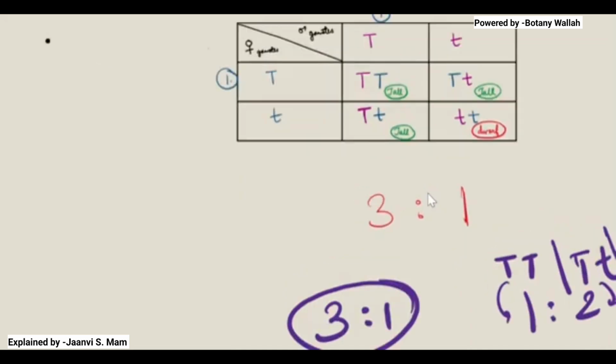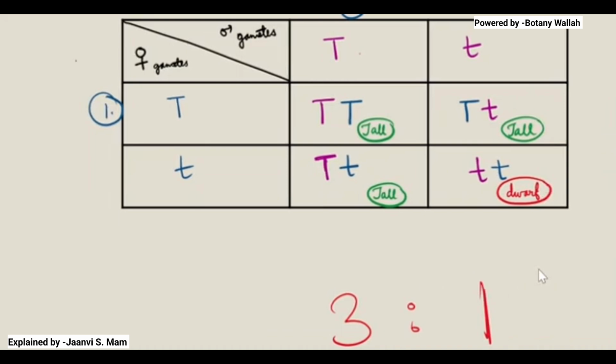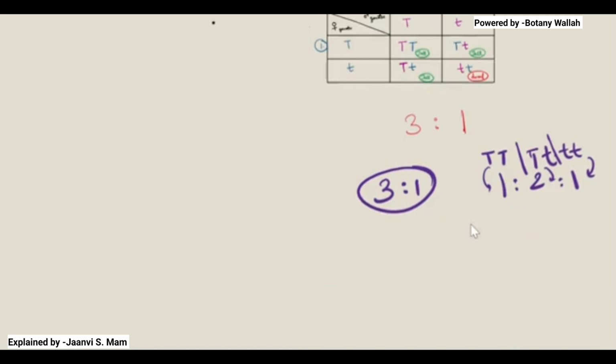So this is about Punnett square representation. You can show what the fusion is and what the possibilities are by showing this particular representation. I hope this topic of Punnett square is understandable to you. I have drawn Punnett square for only monohybrid cross, since we have performed only monohybrid cross.